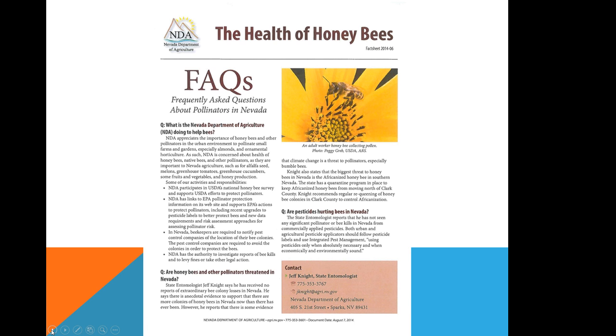The Department of Agriculture received many calls about efforts to protect honeybee health in 2013, so it was decided that a fact sheet on this issue would be developed for persons interested in getting more information. The contact information for the state entomologist is also on this fact sheet if additional questions need to be addressed.